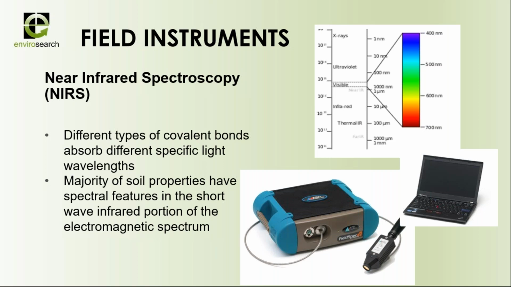The majority of soil properties have spectral features, absorbing specific wavelengths in the shortwave infrared portion of the electromagnetic spectrum. This is particularly true for carbon compounds: carbon-hydrogen bonds absorb different wavelengths in the shortwave infrared quite strongly.